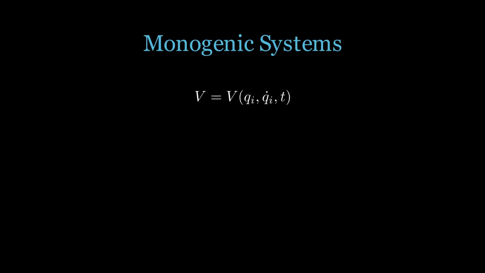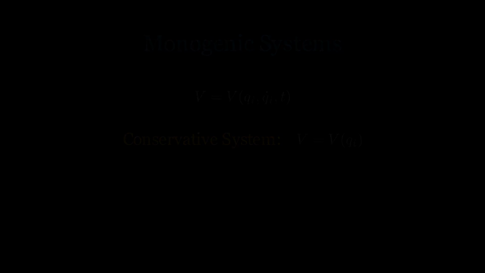This generalized potential may be a function of coordinates qi, their velocities qi dot, and time t. If this potential happens to be an explicit function of the position coordinates only, then the monogenic system reduces to a far more familiar conservative system. For monogenic systems, we define a fundamental scalar quantity known as the Lagrangian, denoted by L. It is defined as the kinetic energy of the system T minus the potential energy.